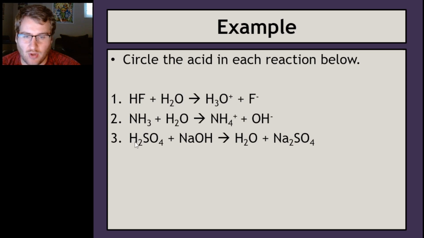H and OH bond together to make H2O, and Na and SO4 bond together to make Na2SO4. It's a little harder to tell, but H2SO4 starts with H and the SO4 loses both H's. It loses 2 H's, and because of that it's called a diprotic acid. Having 2 hydrogens written in the front is a hint that it's going to lose 2 hydrogens when it reacts. But more on that later.